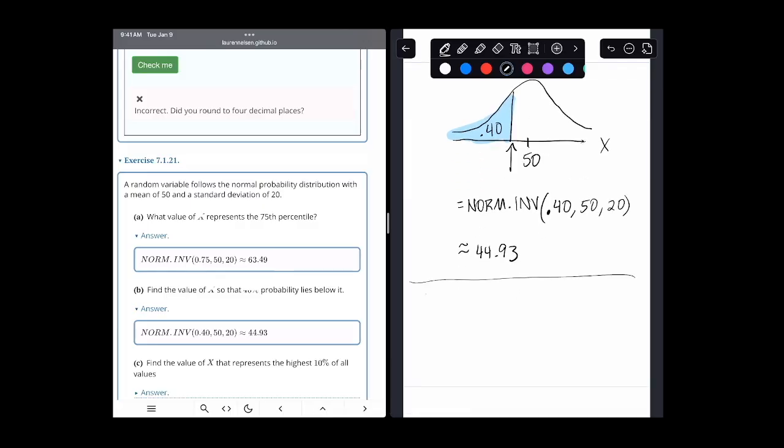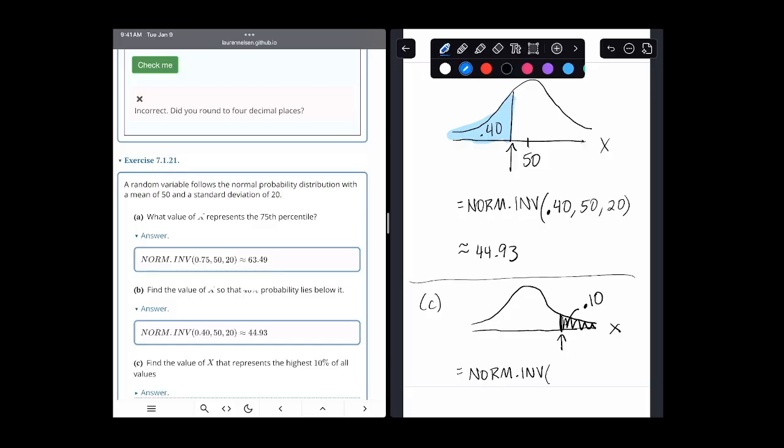In part C, it says now find the x that represents the highest 10% of values. So what that means is the highest 10%, that means I want an area of 0.10 to the right of my x. So I do want to use norm.inv again, but the number I need to plug in should be the area to the right, or excuse me, to the left, and I've been given the area to the right.